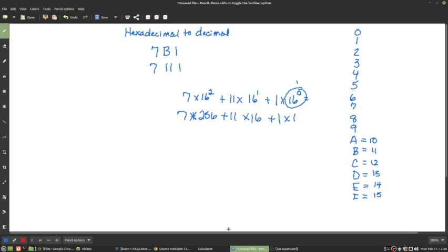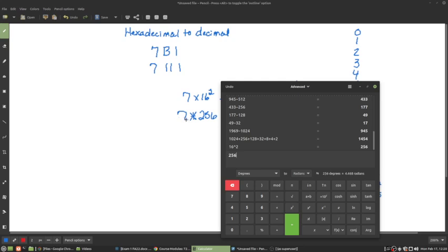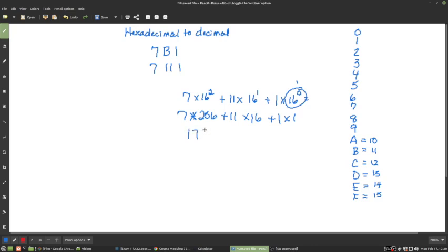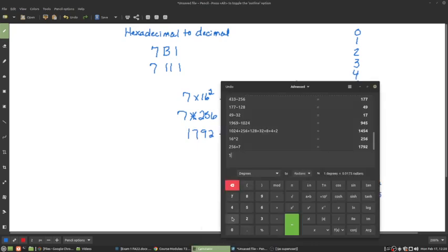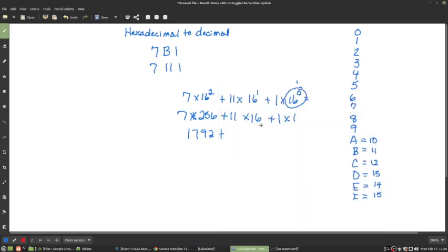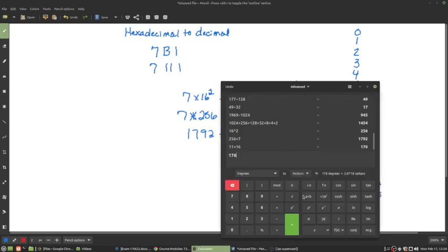So let's go ahead and do this math. We've got 7 times 256, so times 7, that is 1792. 1792 plus 11 times 16, that is 176, plus 1, because 1 times 1 is 1. So let's go ahead and add that.